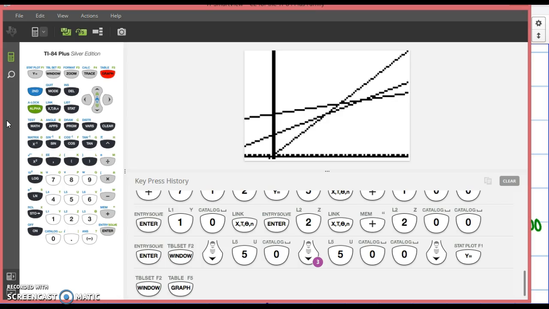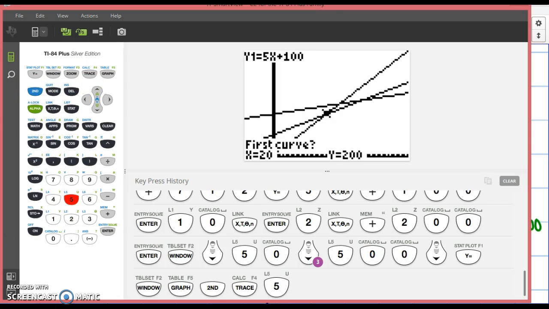If I want to find this intersection right here, that was the intersection of the first two equations. Watch this. Second, calculate, 5. Now, when we've done this every other time, first curve, we hit enter. Look, what curve is that on? Up here, 5x plus 100. That's the first curve. Enter.